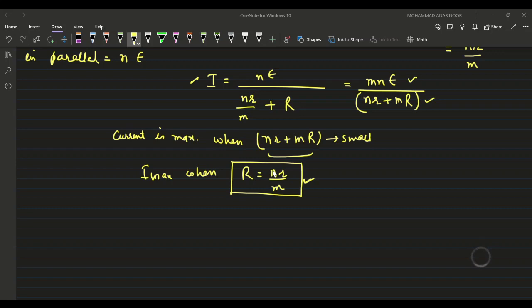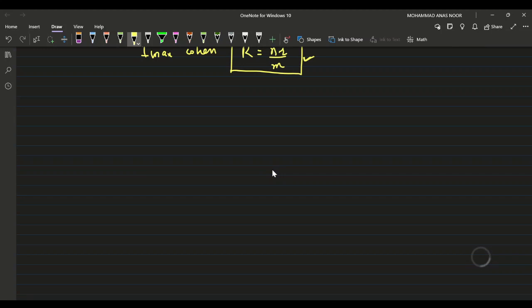We'll do something else also. We'll start with the heating effect of current.